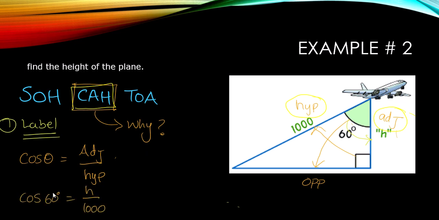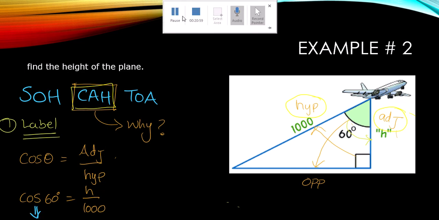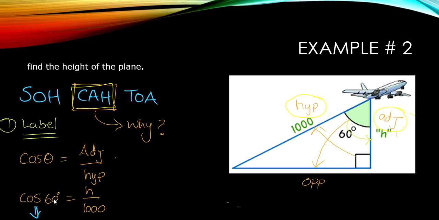We're going to substitute the values into our equation. For cosine theta, theta is 60, so we put 60 in place of theta. Adjacent is h, because we don't know what that is, and hypotenuse is 1000. Use your calculator to find what cosine 60 degrees is.